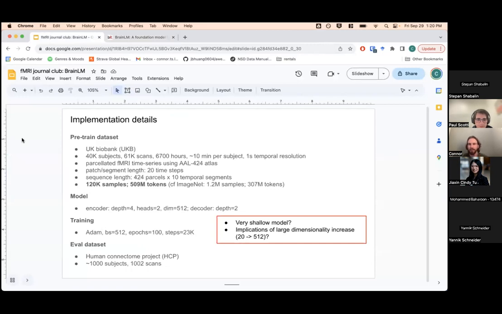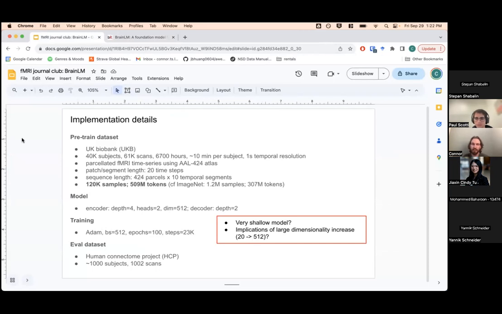Yeah. Okay. So moving on quickly to some numbers and figures on what sort of training they did. So the input data set included 40,000 subjects, 61,000 scans or recordings, totaling 6,700 hours.